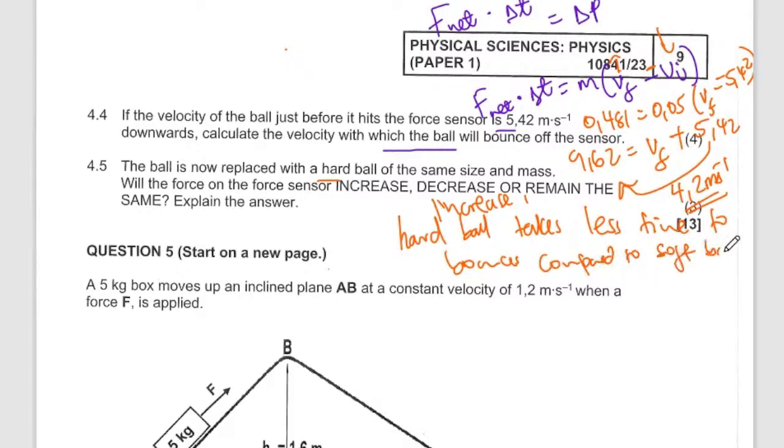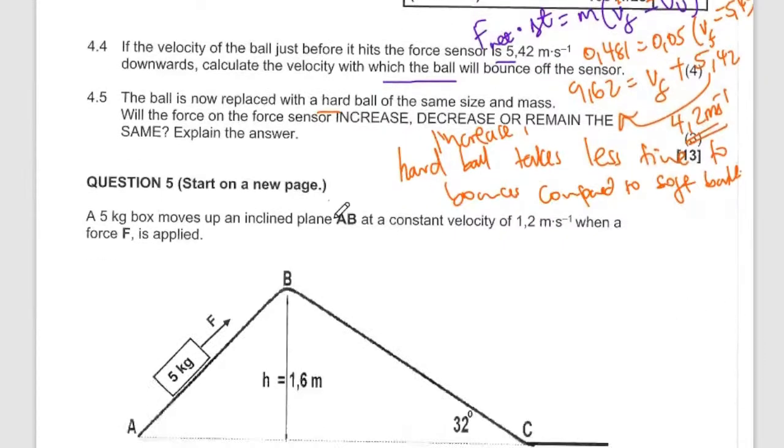This can be seen in the applications of airbags, let's say in car crashes and things like that. So what this means is that the force will be inversely proportional to the time, and hence the force will increase if the time is less. That is question number 5.